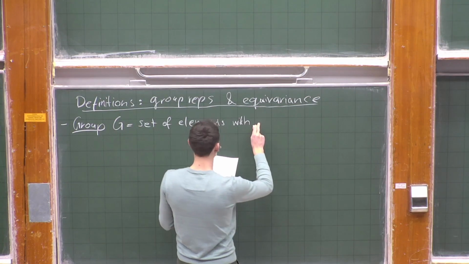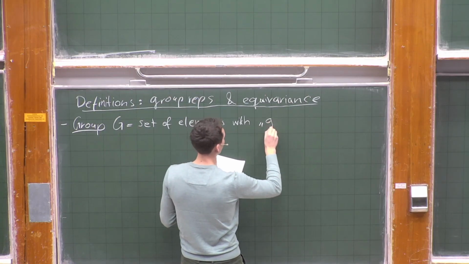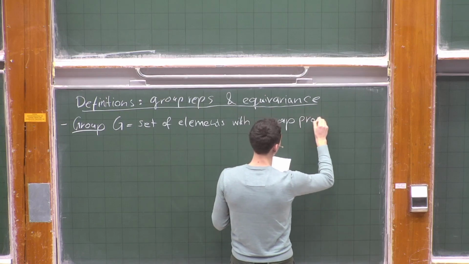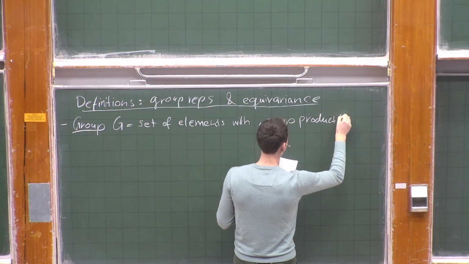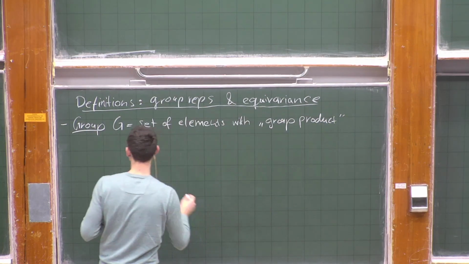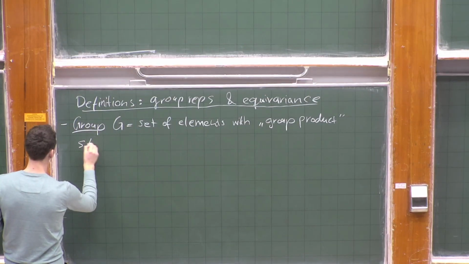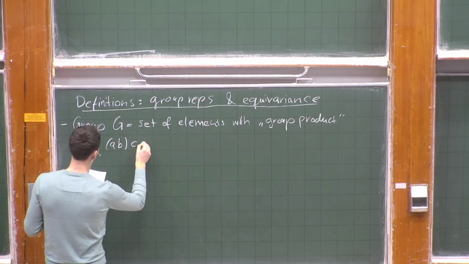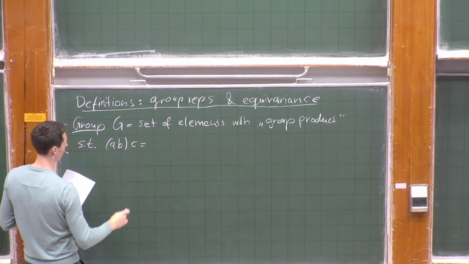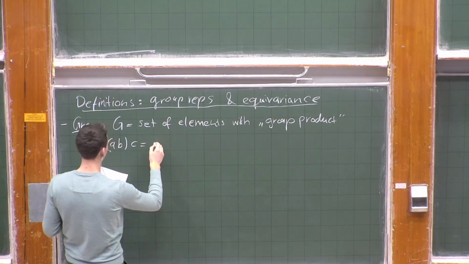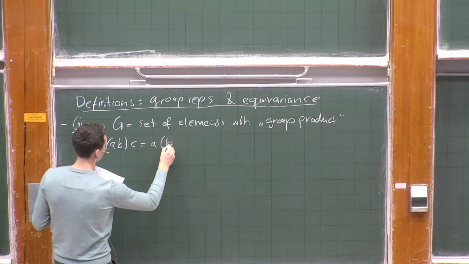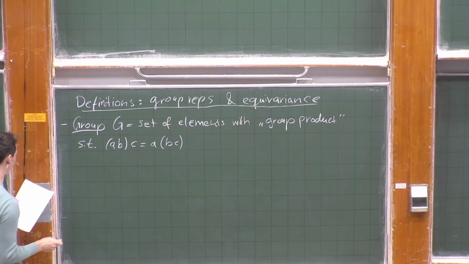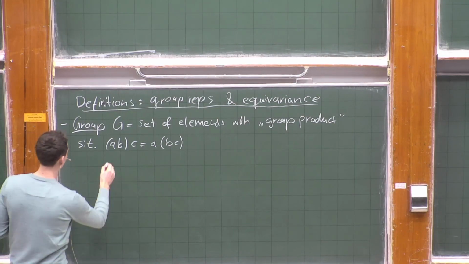And this operation is typically called the group product. This group product should fulfill the following properties: if you first take the product of A and B and then take the product with C, it should be the same thing as if you first take the product of B and C and then the product with A. This is called associativity.